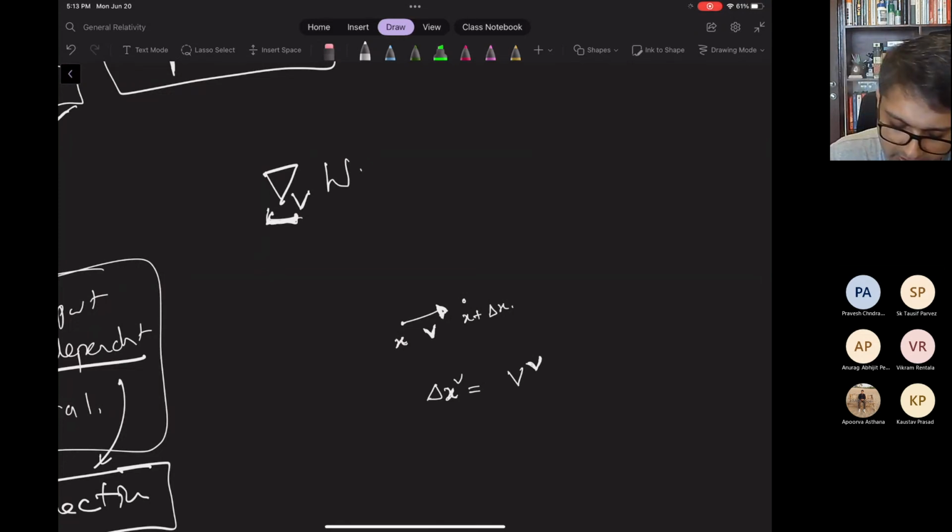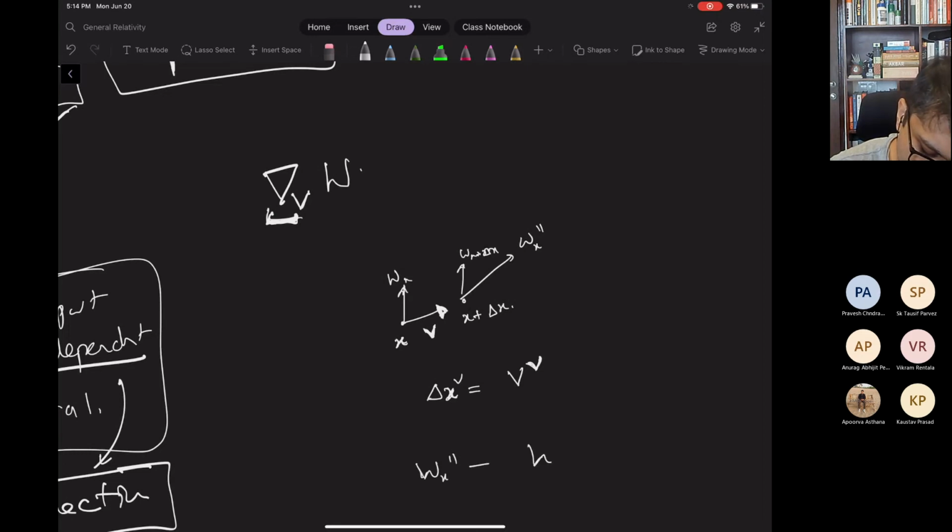This is still a coordinate dependent way of looking at it. Okay, and then we take W here. This is W at X. This is W at X plus delta X. And this is W at X parallelly transported to this point. Okay, so now we're comparing W at X parallelly transported with W at X plus delta X.